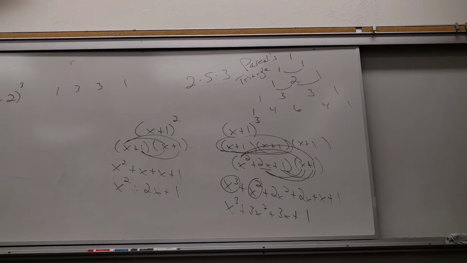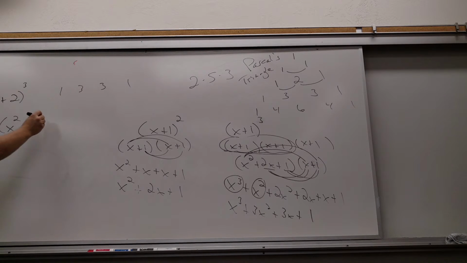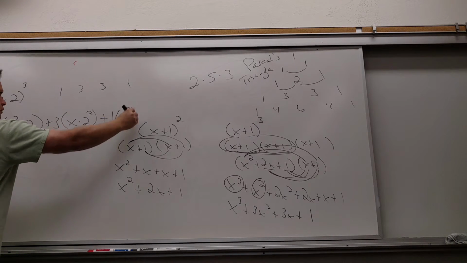In fact, I almost don't want you to do it this way because you have to know how to FOIL stuff and distribute. So what happens is I start with all x's and no 2's. So I have 1x cubed, plus 3 times, now I have 1 less x and 1 more 2, plus 3 times, now I have 1 less x and 1 more 2, plus 1, and now I have all 3 2's.